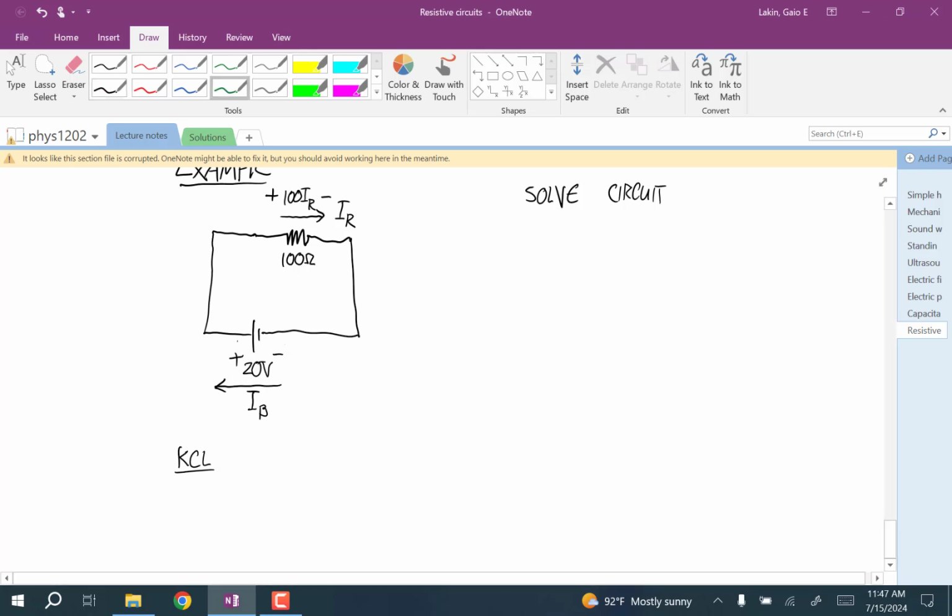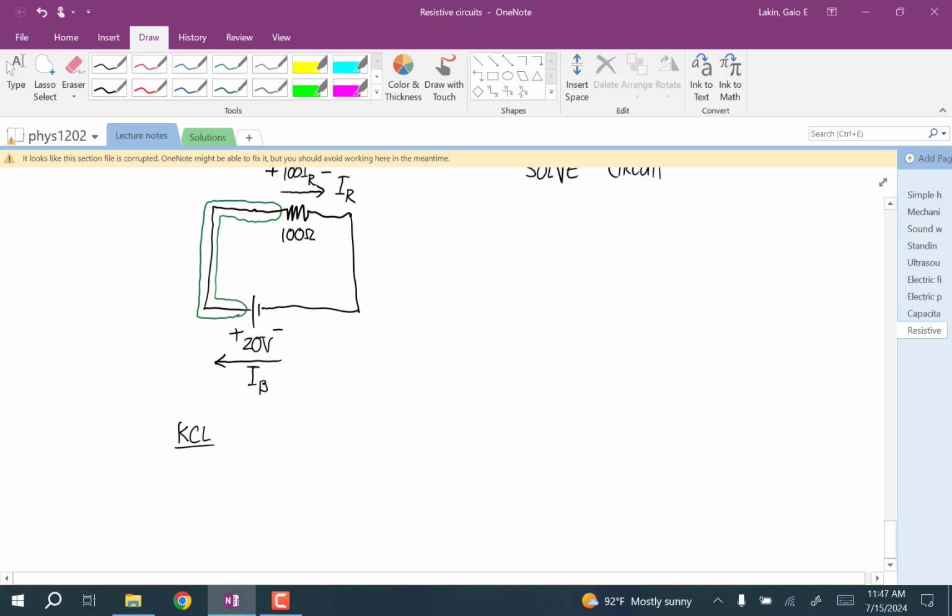And at this node, we have one current flowing into the node, the way we've assumed the directions, IB. And we have one current flowing out of the node, IR. Whether it's going into or out of just comes from the directions of those arrows and where they fall on that node.